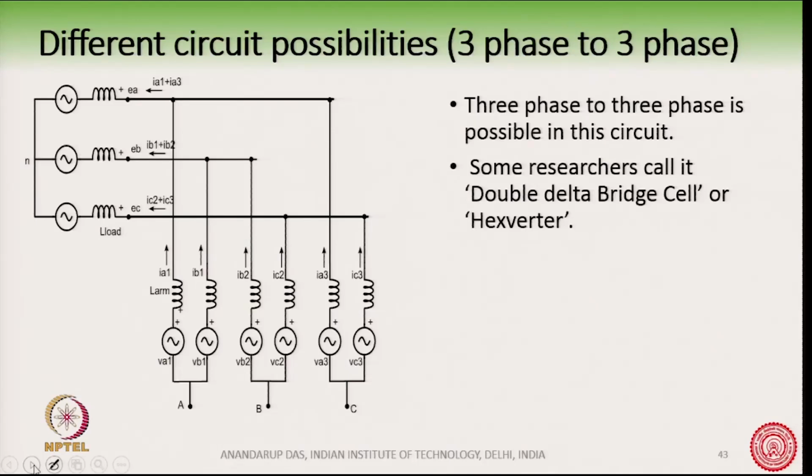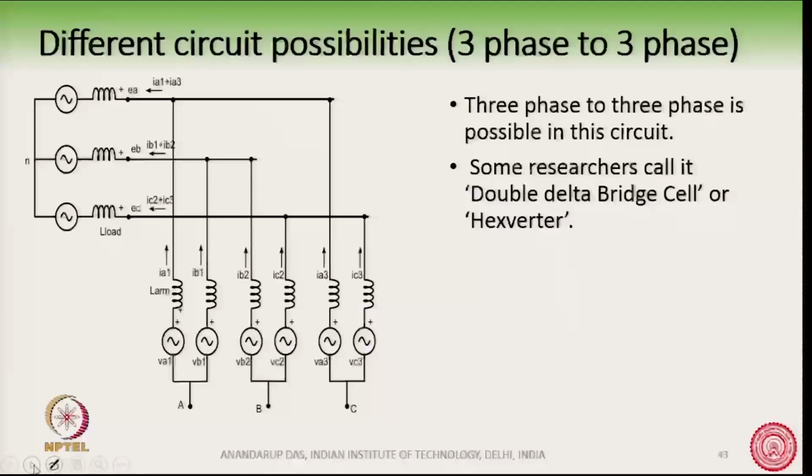Now, another variant is possible. This is called the double delta bridge cell, and sometimes it is also known as a hexverter. Okay. This is also possible to have as a 3 phase to 3 phase circuit.